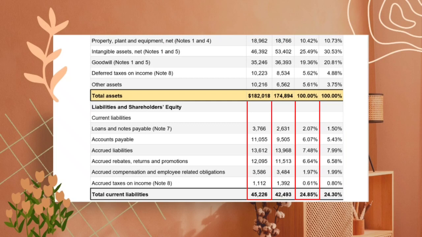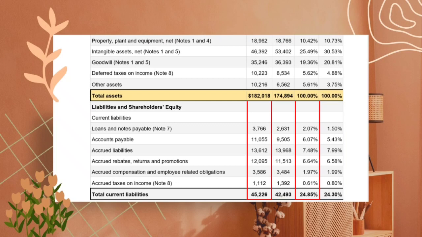6.64%. Accrued compensation and employee-related obligations is 3,586 divided by total asset of 182,018 multiplied it by 100. The result will be 1.97%. For accrued tax on income, we have here 1,112 and divided to total asset of 182,018, multiply it to 100 and then round it off in two decimal place.